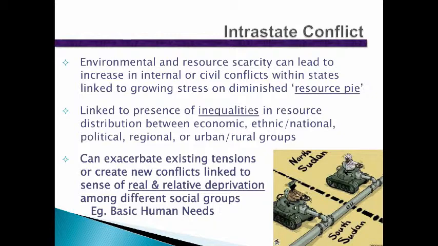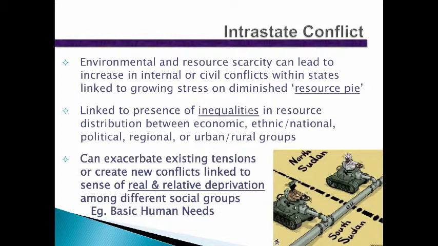In the cartoon down in the right-hand corner, going back to North and South Sudan, now separate countries, but at one time there were major tensions even internally between these regions over who would have access to some of Sudan's vast oil reserves. Alternately, we might see tensions between urban and rural groups, or last but not least, tensions over inequalities in access to resources between ethnic and national groups.